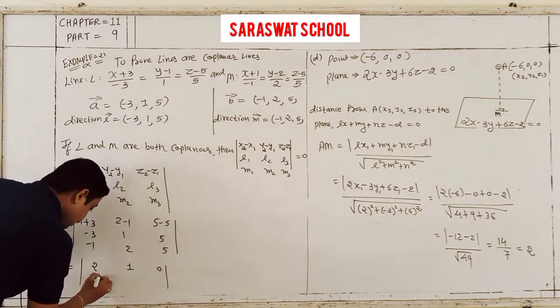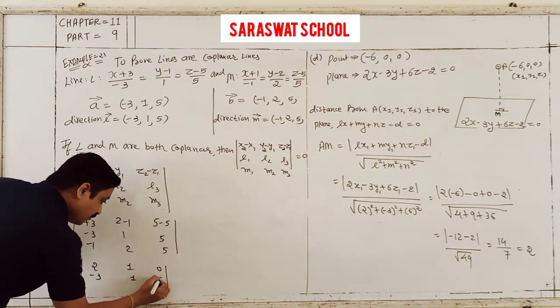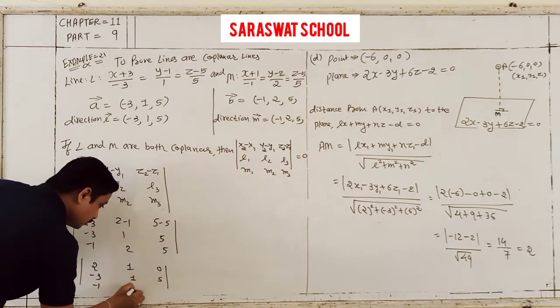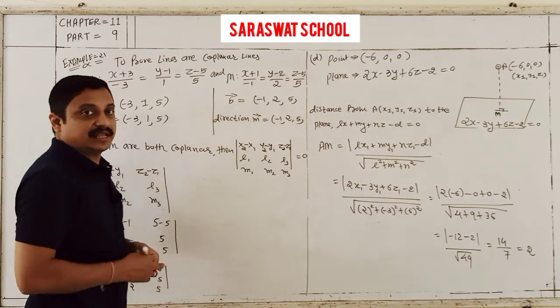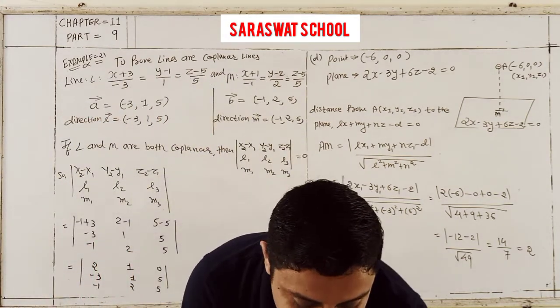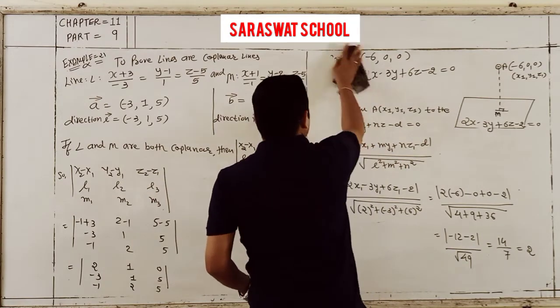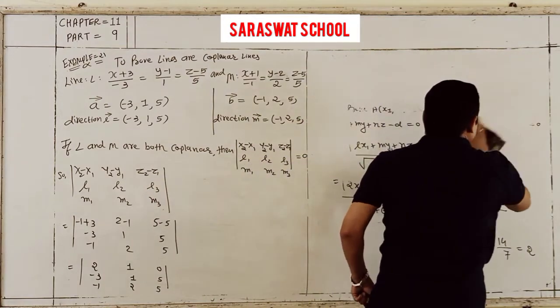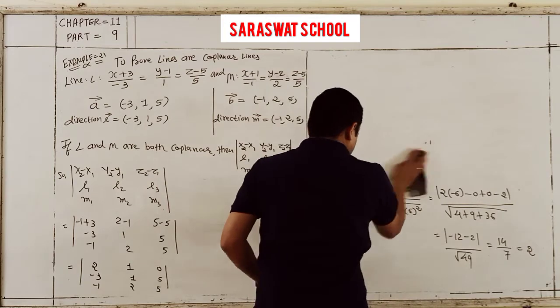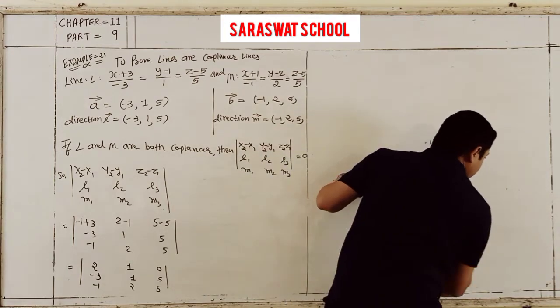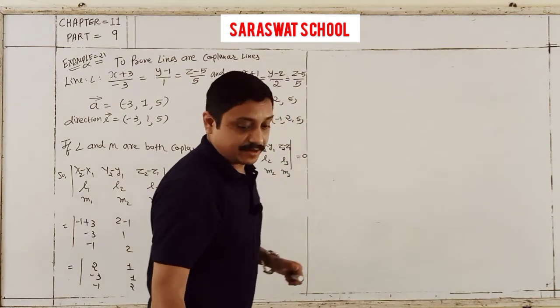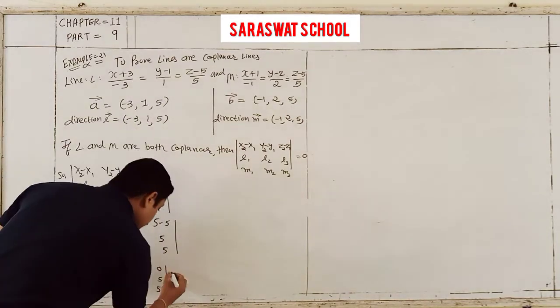Next, minus 3, 1, 5 and last minus 1, 2, 5, and just calculate by the simple definition of the determinant rule, and anyhow prove this answer is 0. Then our target is achieved. It is your coplanar.